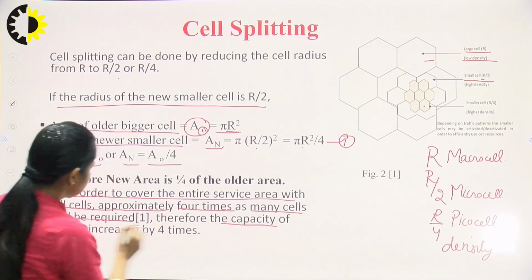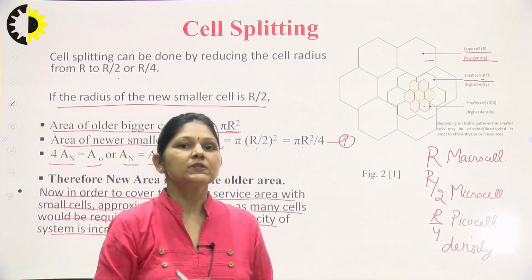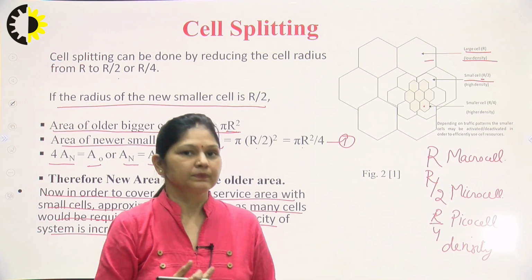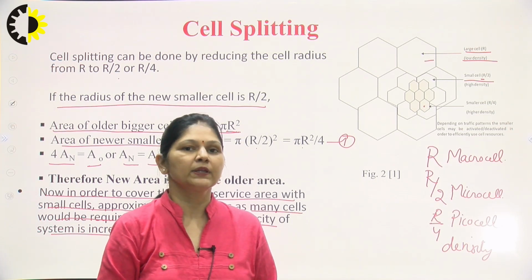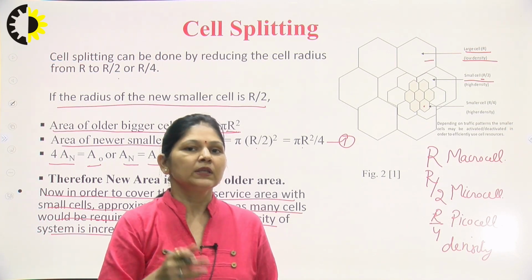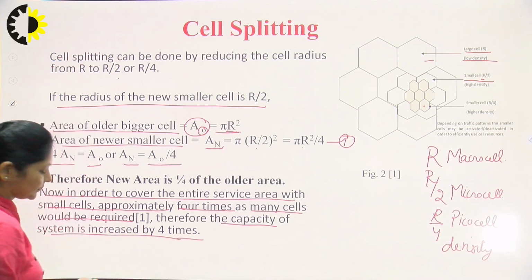Therefore, the capacity of the system increases by 4 times, because capacity depends upon the coverage area, that is, how we are reusing the channels within the particular area. So if you decrease the radius by r/2, the frequency reuse increases by 4 times.